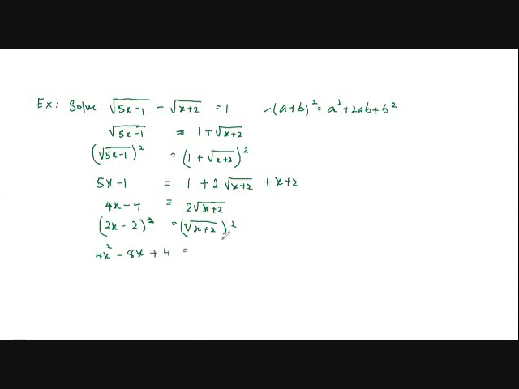On this side, squared, the square root is gone, so you are left with x plus 2. Now we simplify: this side is going to be 4x squared. The x moves, minus becomes minus 9x. This moves, minus 2 becomes plus 2. And this is going to be 0. Okay, now you factor.